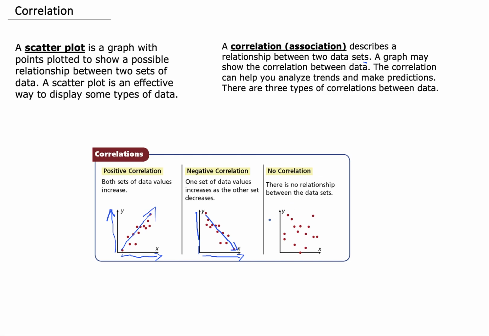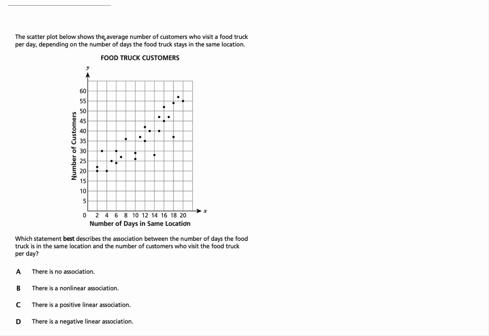Now, let's look at some questions that you may see on your TASC test. In this first question, it says the scatter plot below shows the average number of customers who visit a food truck per day, depending on the number of days the food truck stays in the same location. So notice, once you see all of these dots, you know that you have a scatter plot.